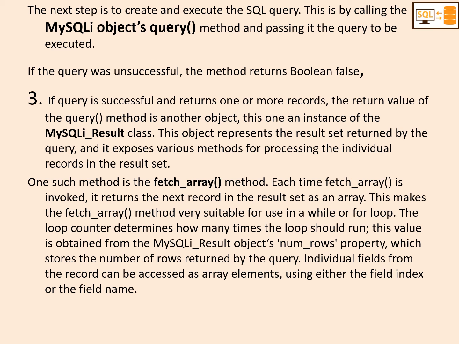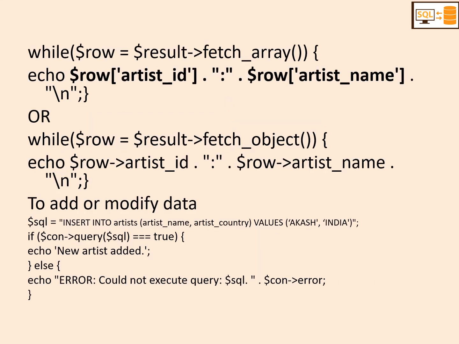Or instead of row of 0, we can specify row of artist_id, and row of 1, artist_name, likewise. This is an example of specifying, instead of the index value, the corresponding attribute from the resultant array by specifying the attribute name. So: while $row equals $result fetch_array.